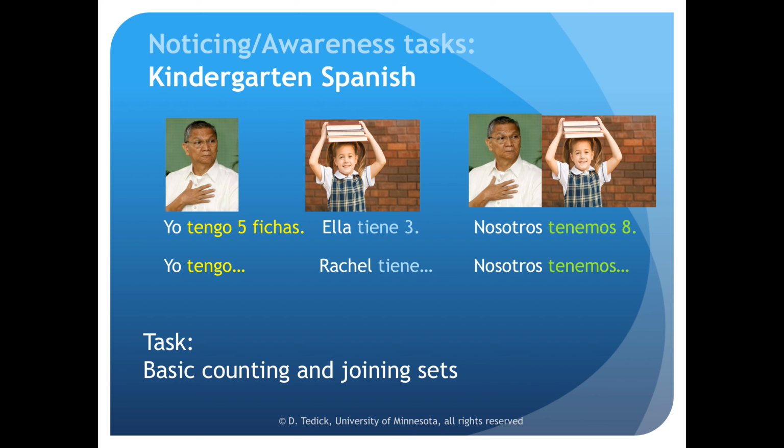Then, using math concepts and working with counters, the teacher was modeling: I have 5 tokens. She has 3. Together, we have 8. So you can see she's really trying to focus this on math, but at the same time get them to use these verbs appropriately in the context of joining sets. Make sense?